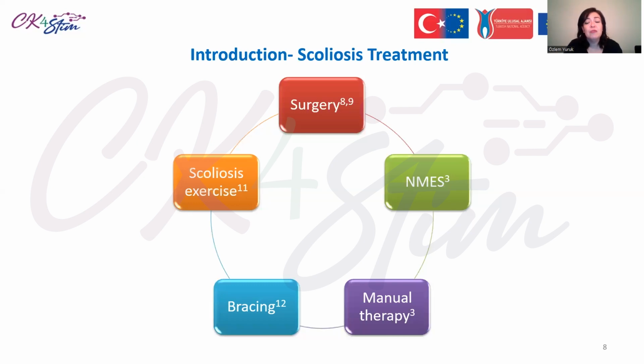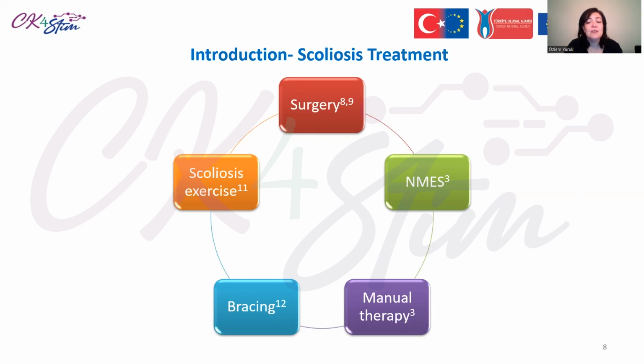The main goals of the treatment are to correct the deformity, limit or stop the curvature progression, restore the trunk symmetry and balance, minimize pain, avoid cardiopulmonary complications, and prevent the long-term consequences of the deformity.